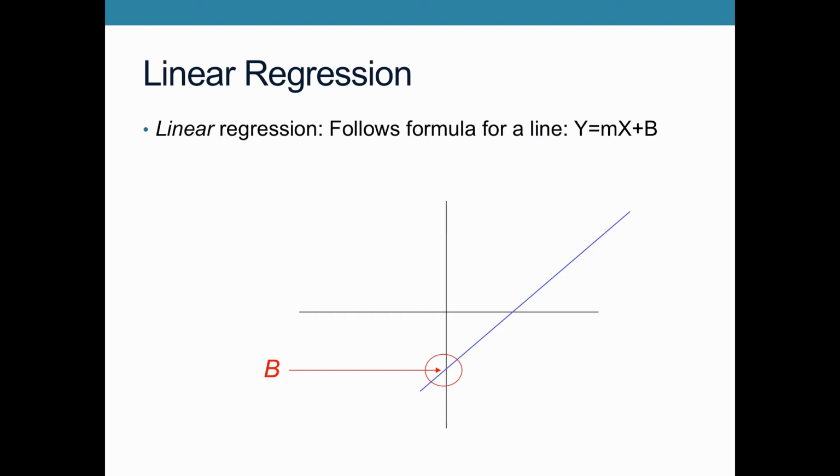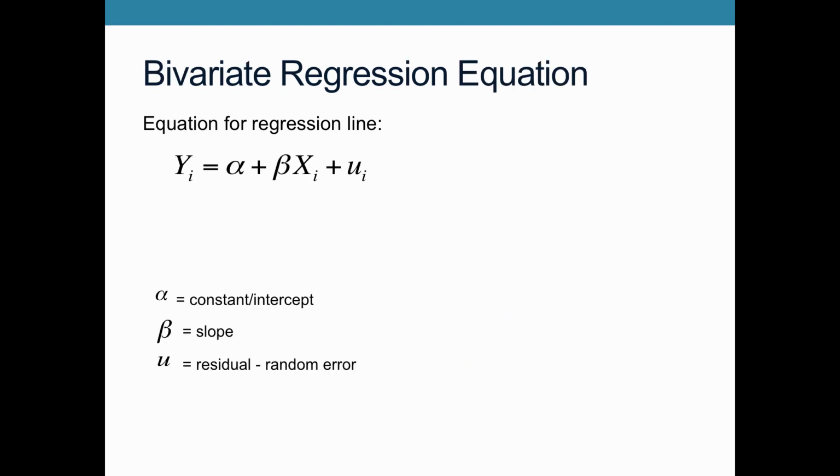Here is b, and that's the intercept, where it's intercepting the y-axis, okay? And m is the slope, right? As you go over one, how much do you go up? It's the same exact thing as for a line, just applied for a different application than you had when you were first learning algebra.